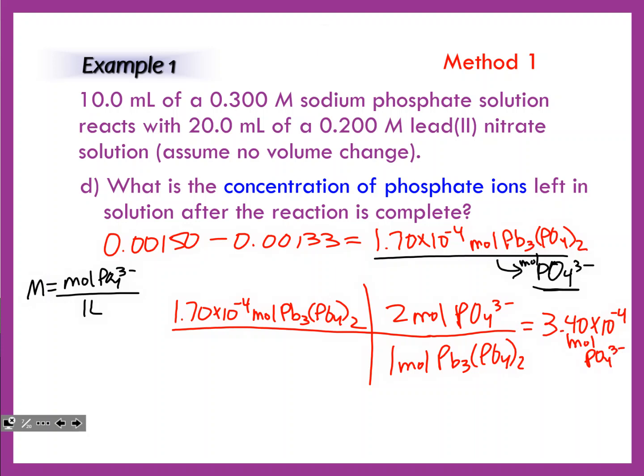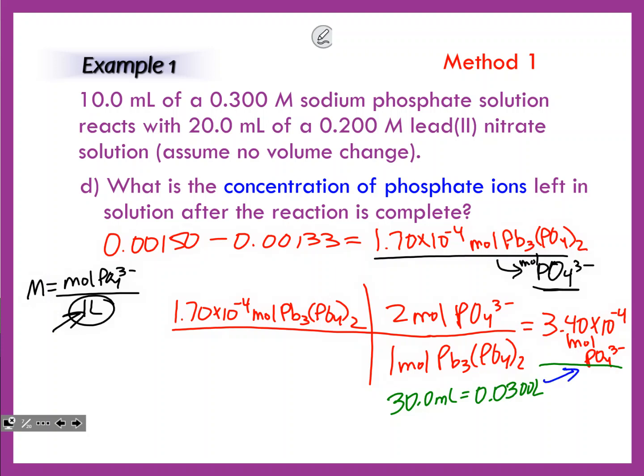Then what do we need to do? We need the liters. So, our volume again was what? 30 milliliters. We already determined that. So we just change that over to liters. And we can do the division.